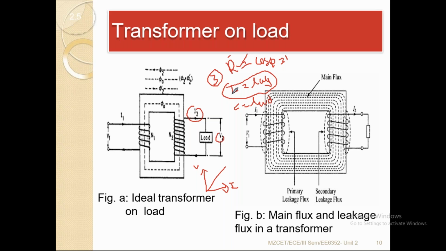So the voltage coming into a home is 230 volts, it is constant, but the same voltage is supplied to the TV, refrigerator, cooler, air conditioner and so on. But the voltage is constant, while the current drawn by all these devices is different. So it means the current lags the voltage. That's why the inductive load has lagging power factor.